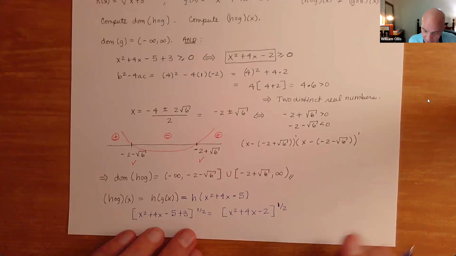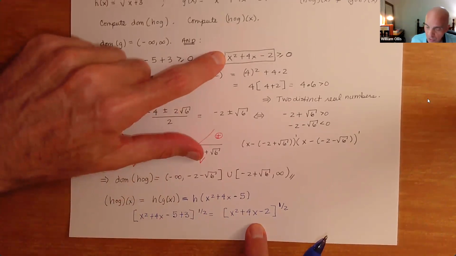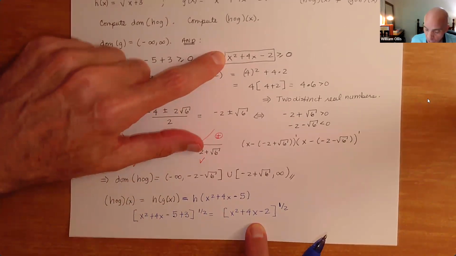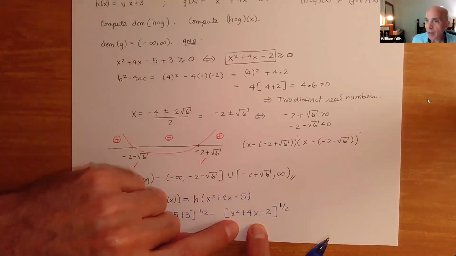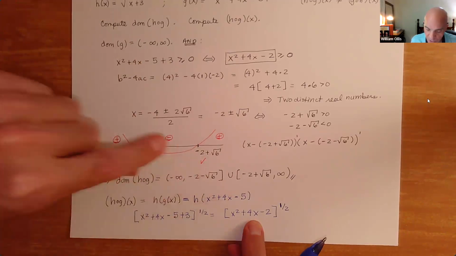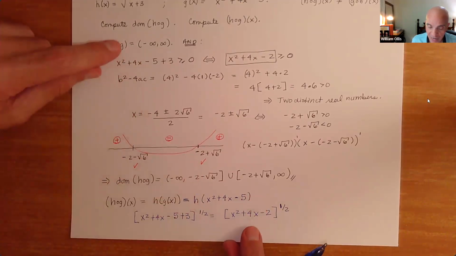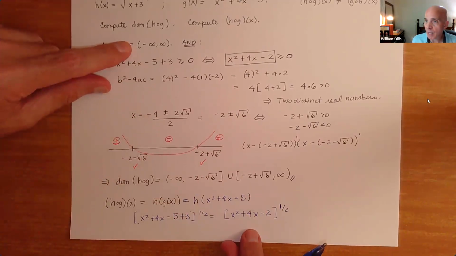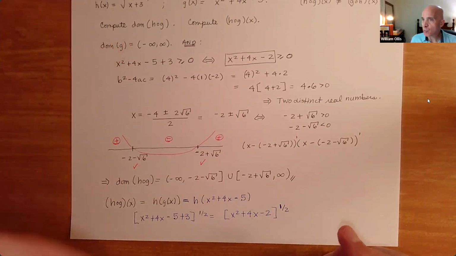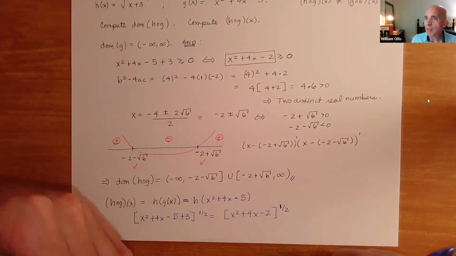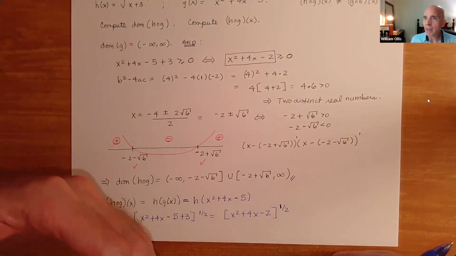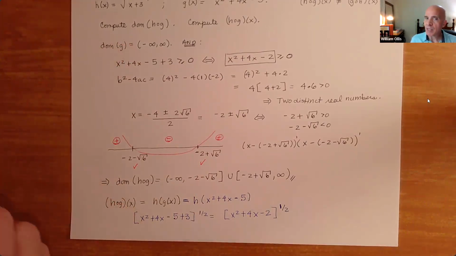Now you could see that this is exactly what happens when we do this calculation here. So if we computed our domain of the composition based on this function, we would still end up with this because the inner function does not provide any restriction. Okay, so again, just remember, as you are building a composition from two functions, be sure that you remember the domain of the inner function.